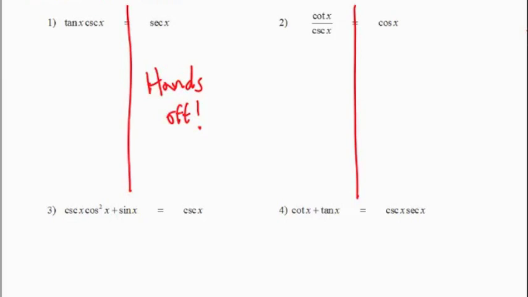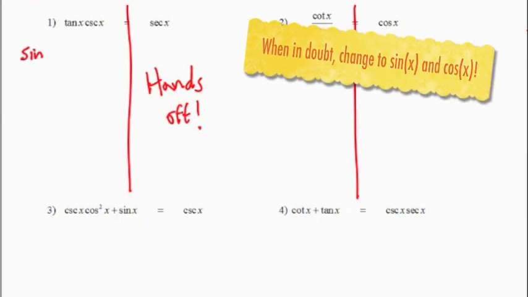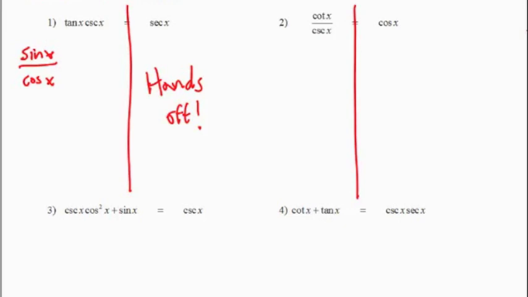Rule of thumb always is, if you can, move everything to sine and cosine. So in this case, we can introduce the idea that tangent is sine over cosine, and cosecant is 1 over sine. Why would we do that? Well, algebra tells us we can cancel those sines, and we're left with 1 over the cosine of x.